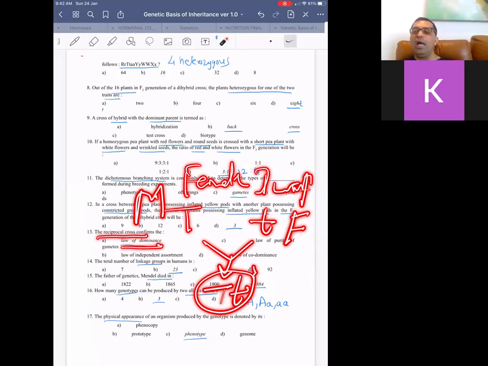तो इससे क्या prove होता है? That the character of dominance is not determined whether female is dominant or whether male is dominant.